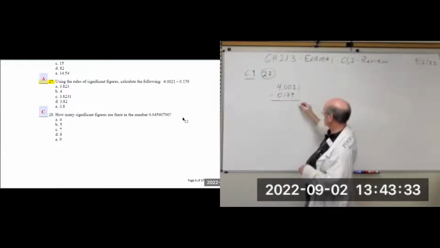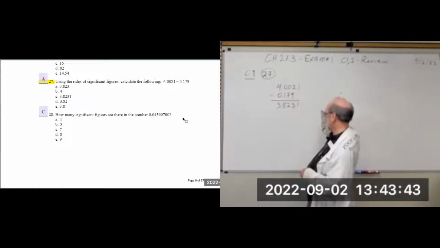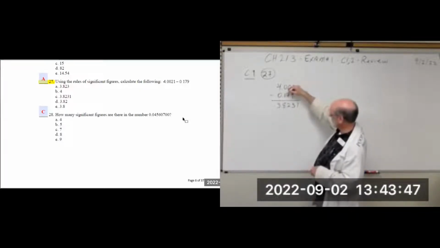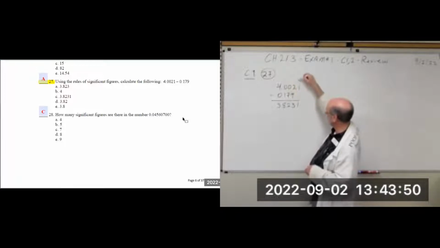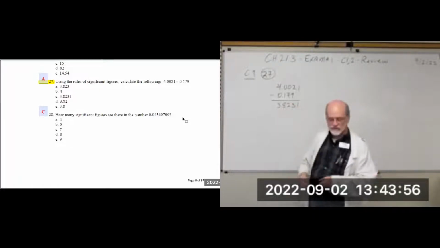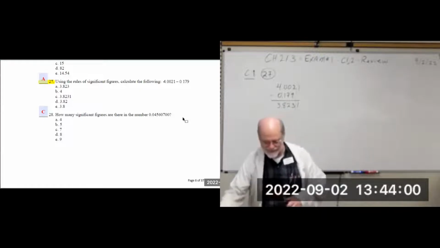So that's 3. 7 from 9 is 2. 1 from 9 is 8 and 3. Okay. So we've got the number of allowable decimals here, so we have to round off to that position. 3.823 because 1 is less than 5. That's why A is the answer.